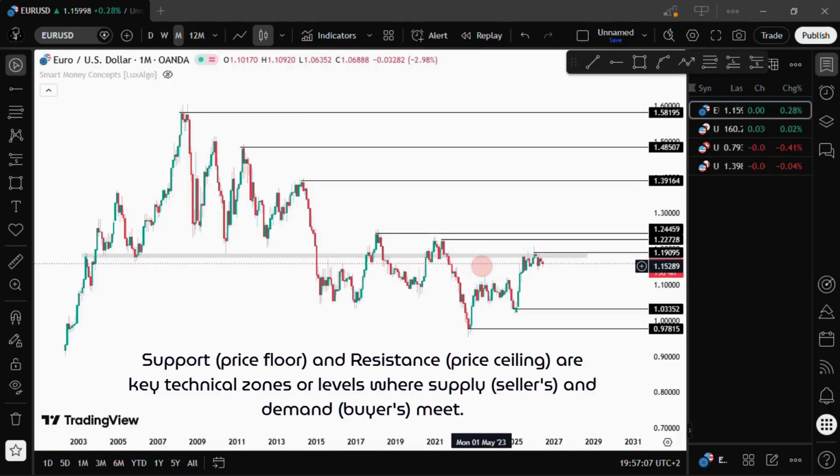So we marked out our resistance level. This acts as our roof. As the market comes to this area, it is supposed to bounce towards the downside, because this is also a support in this scenario.